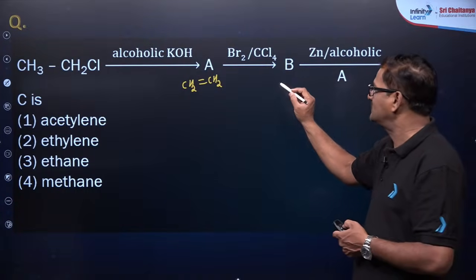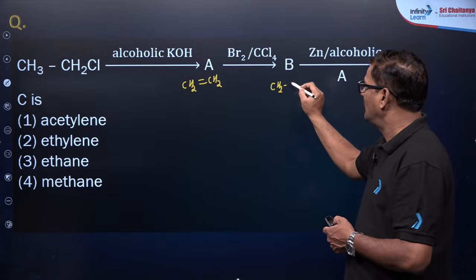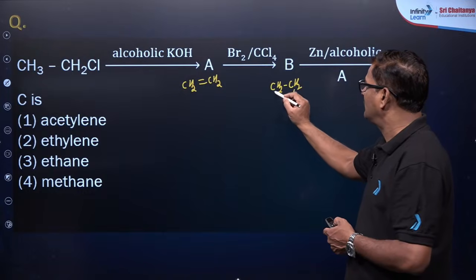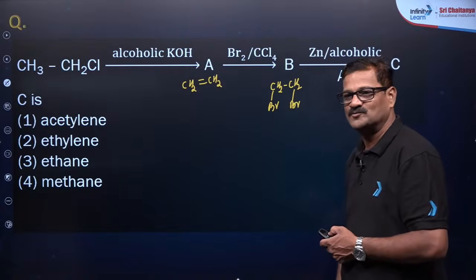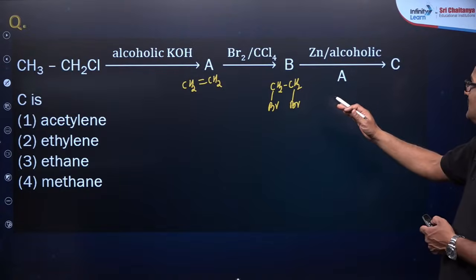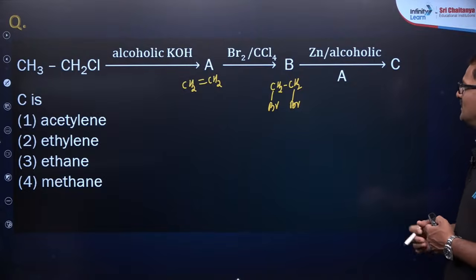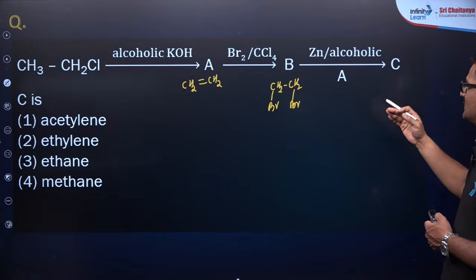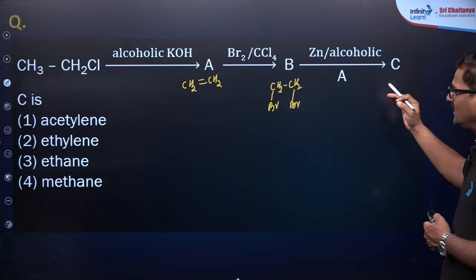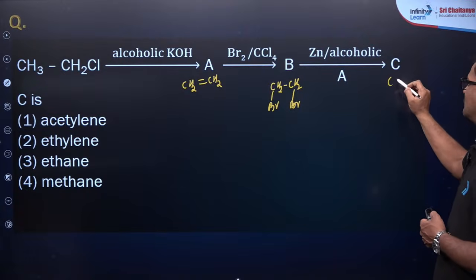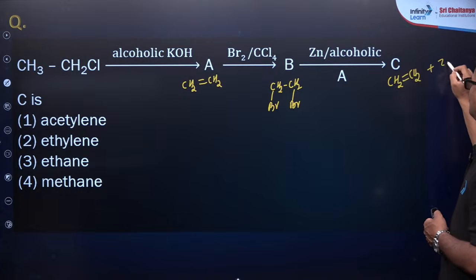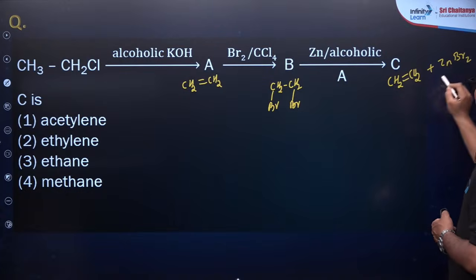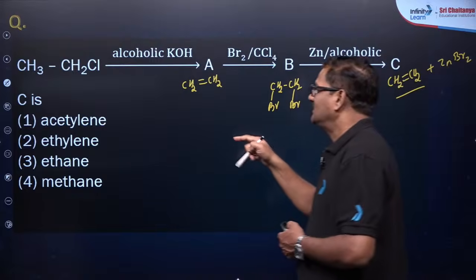Now Br2 in CCl4, CH2 and CH2, and it is going to be Br and Br, right? And zinc and alcoholic KOH. So you are going to just remove this, dehalogenation takes place, so that CH2=CH2 is formed, zinc bromide is formed. Again you get the A.